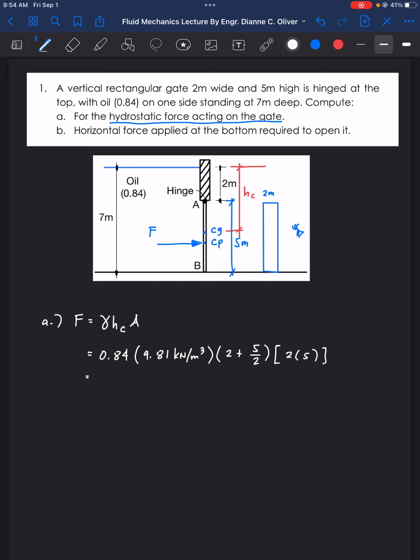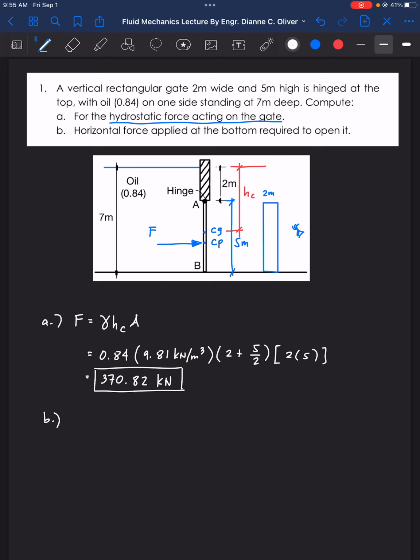What's the answer here? 0.84 times 9.81 times the quantity 2 plus 2.5, then times 2 times 5. That is 370.82, and the unit here is kilonewton because we're dealing with force. So that's for letter A, the hydrostatic force acting on the gate.